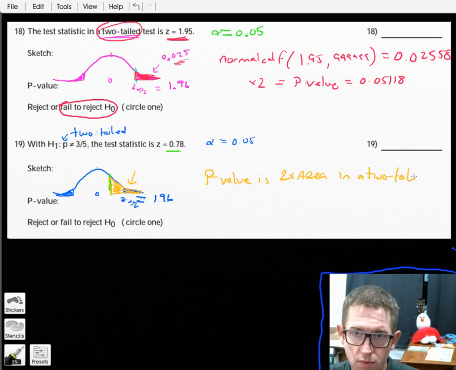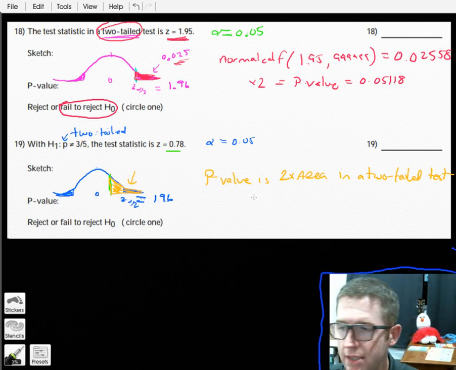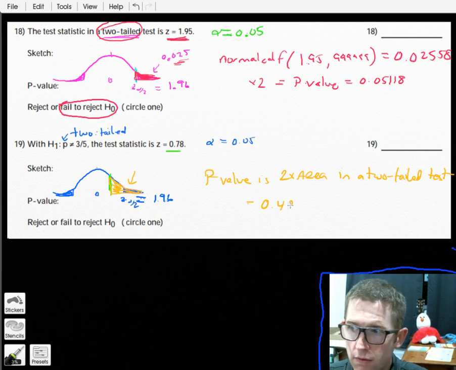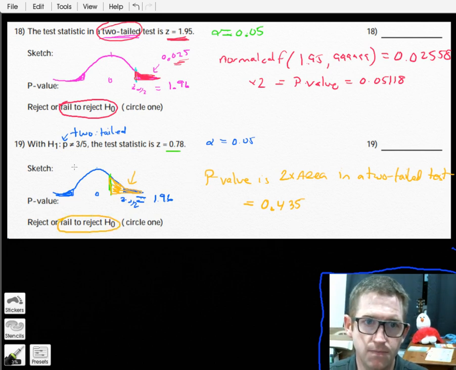It's a simple way to remember it: 2 times the area in a two-tailed test. So we get the p-value equal to 0.435, a very large p-value, which is much greater than the significance level, so we're going to fail to reject the null.